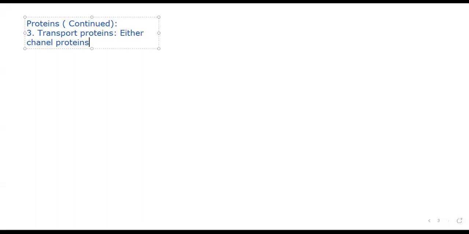Or we can have carrier proteins, right? Carrier proteins are proteins that help in, for example, active transport.